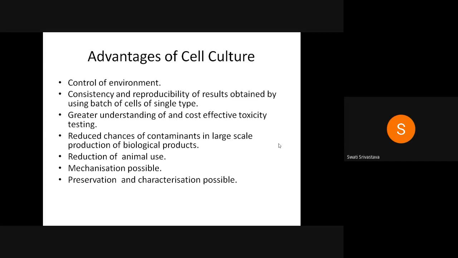So mechanization is very easily possible in cell cultures because you are doing the system in vitro rather than in vivo. In vivo is subject to the body conditions of the organism.